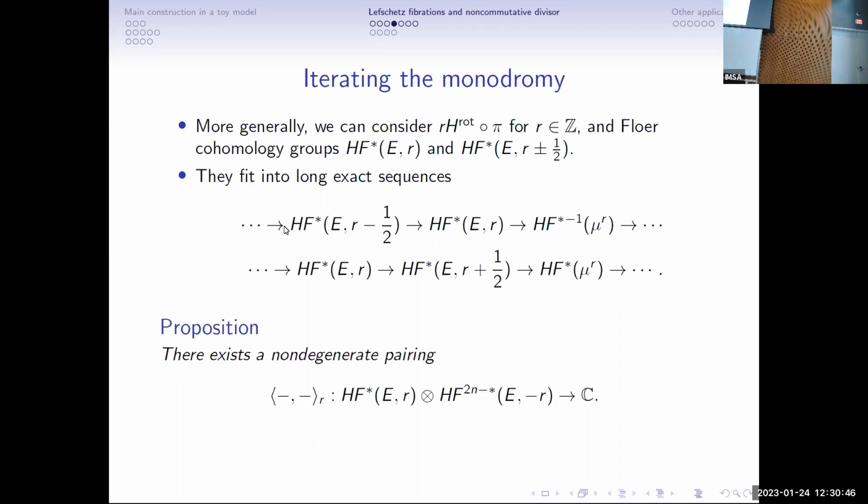All right. So in the monotone case, we've seen that there is a non-degenerate pairing defined over the fixed point homology, and the proposition says that the same is true for this Hamiltonian Floer homology indexed by integers. So if we take the Floer homology of R and the Floer homology of minus R, there exists a non-degenerate pairing defined on the tensor product.